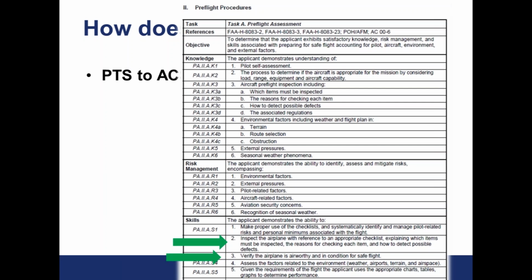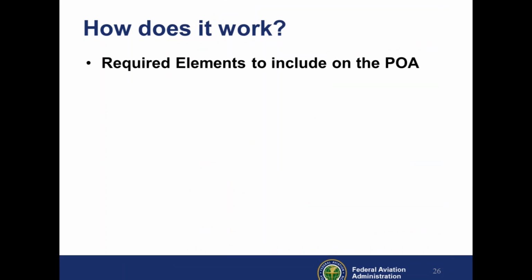So the next question that we frequently get is, oh my gosh, this is going to be a 12-hour check ride because now we have to cover all of these elements and it's going to take forever. Well, a couple things I want to say about that is, first off, the actual core material hasn't changed any. For example, in the PTS, you're studying airspace. You would study all the various classes of airspace.